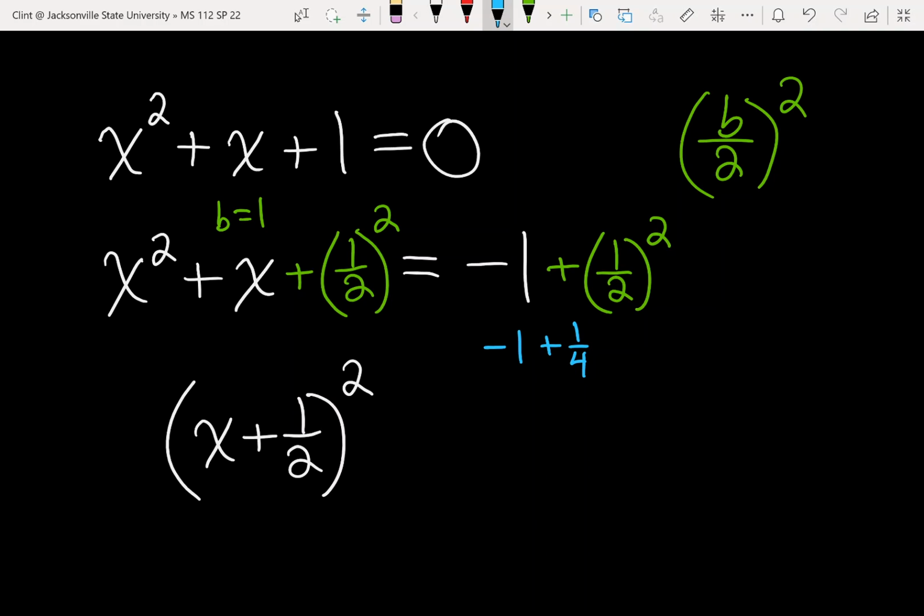And if you're intimidated by fractions, you might not like that. We got to get a common denominator. That'd be negative 4 over 4 plus 1/4. You could use a calculator. I don't know if you know how to do fractions on the calculator. That's negative 3/4. So equals negative 3/4.